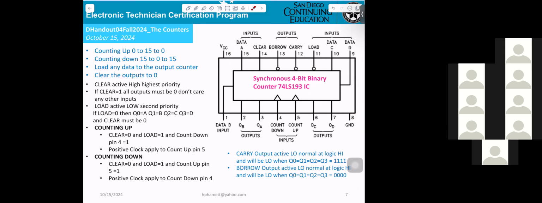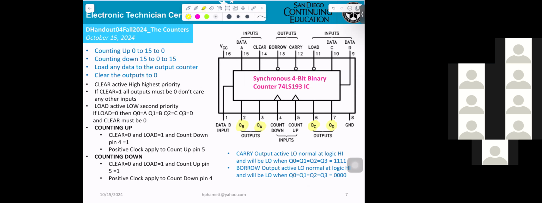When you're looking at this counter, how many outputs does the counter have? Four, I'm sorry. You can see in here QA, 1, 2, 3, 4.